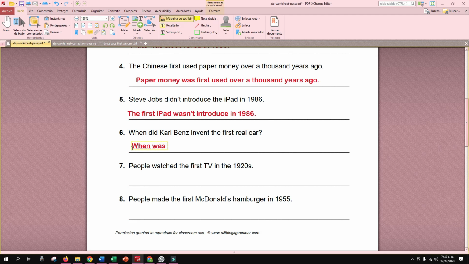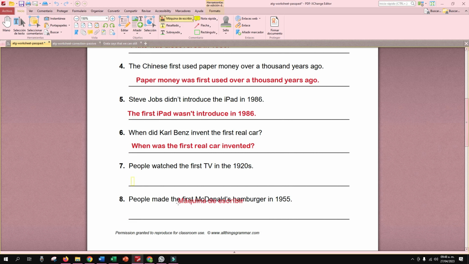When was the first real car invented? We can say that. When was the first real car invented? So that's the question, right? Excellent, very good.